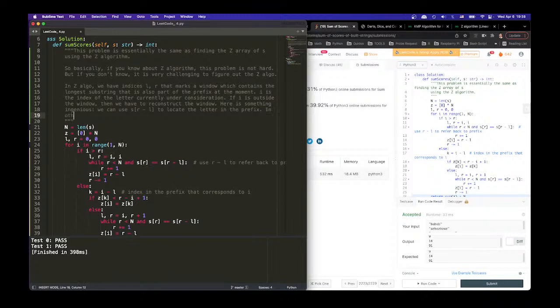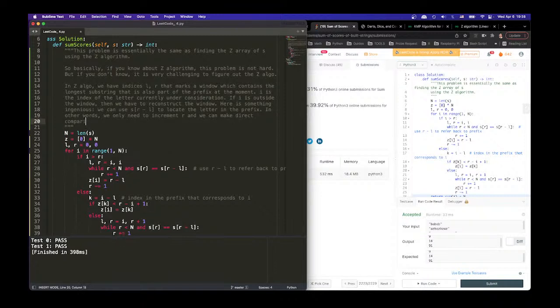So in other words, we only need to increment R, and we can make a direct comparison between SR and its corresponding value in the prefix.